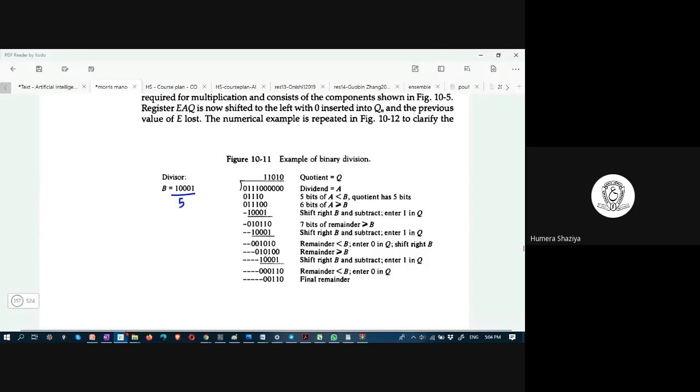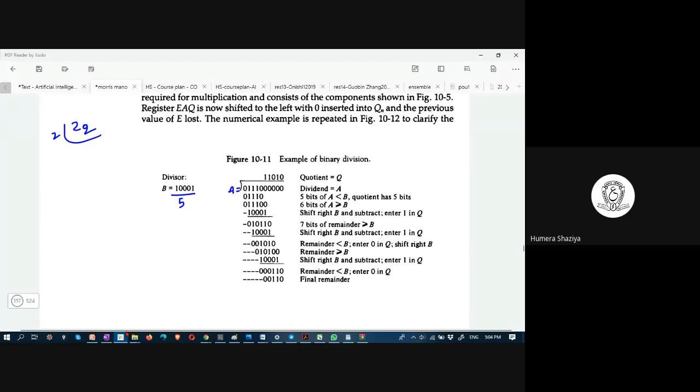And there is a dividend A, which comprises 10 bits: 3, 4, 5, 6, 7, 8, 9, 10 bits. Then step by step we perform, like we do in the long division method.